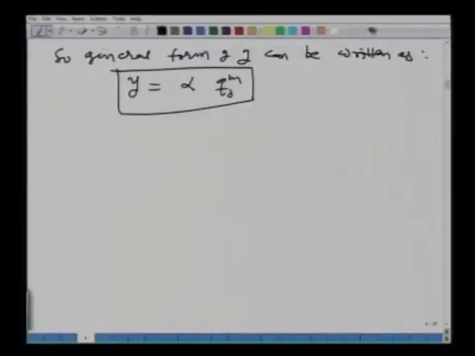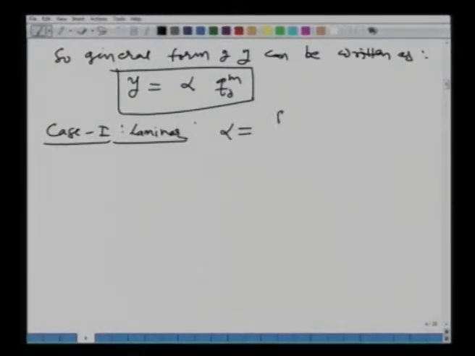So, let me give you these without actually deriving all this; it should be easy to see. So, for case 1, which is the laminar flow, we have already derived this.